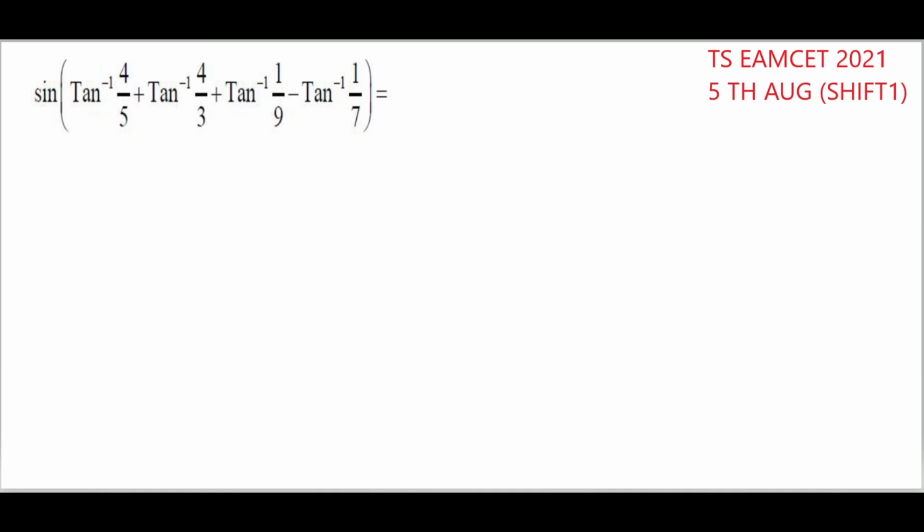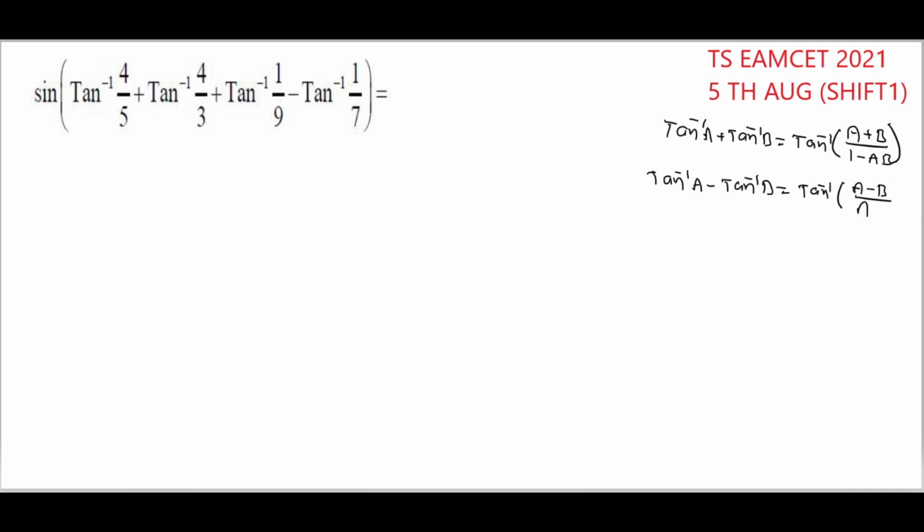We know the formulas, that is tan inverse A plus tan inverse B is equal to tan inverse of A plus B by 1 minus AB, and tan inverse A minus tan inverse B is equal to tan inverse of A minus B by 1 plus AB.